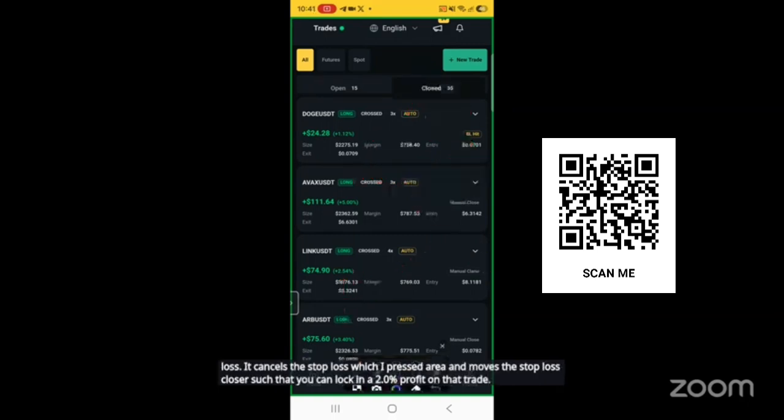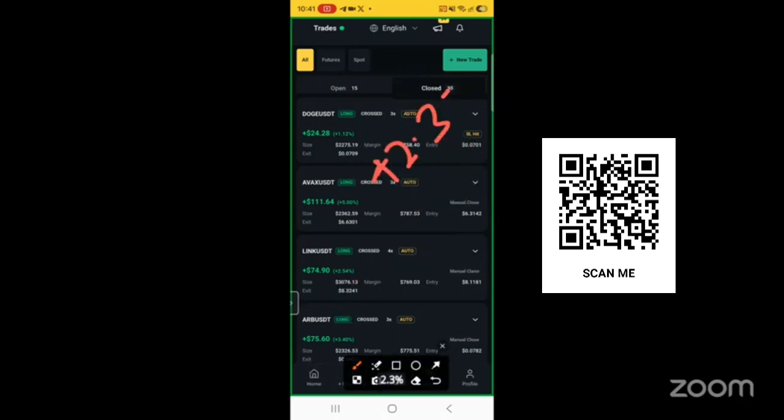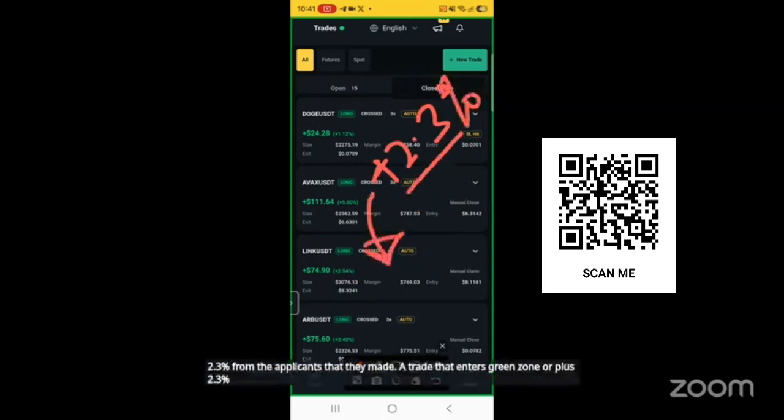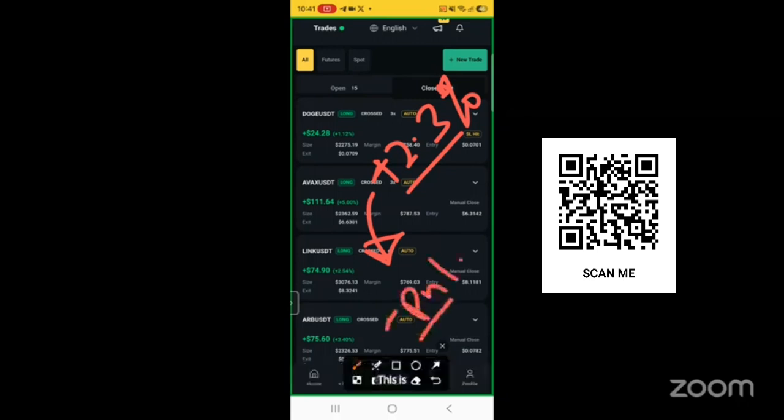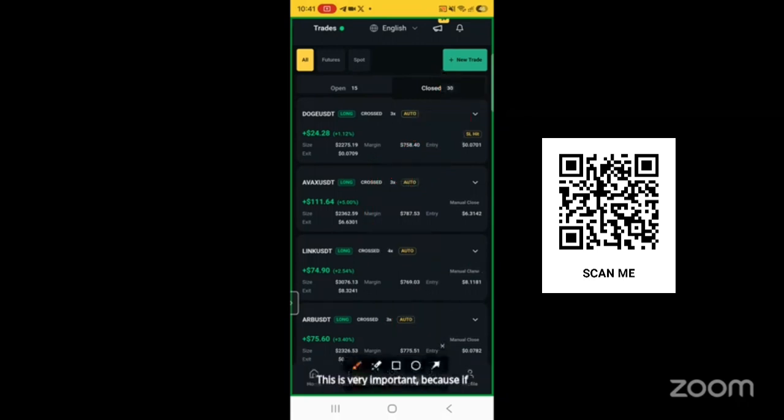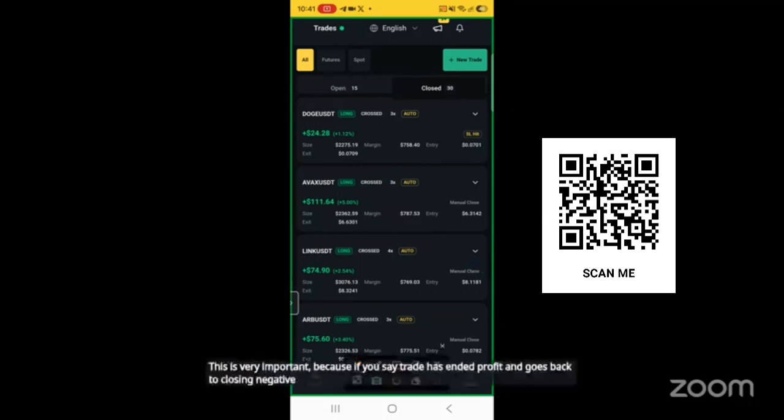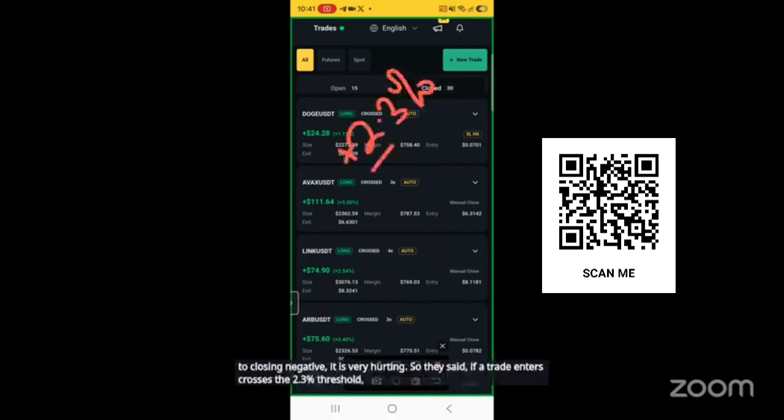So a trade that enters the green zone of plus 2.3%, from the upgrades that they made, can never go back to close in a negative PNL. This is very important because if a trade has entered profit and goes back to closing negative, it is very hurting. So they said if a trade crosses the 2.3% threshold, they move the stop loss closer to lock in a profit of 2.0%.